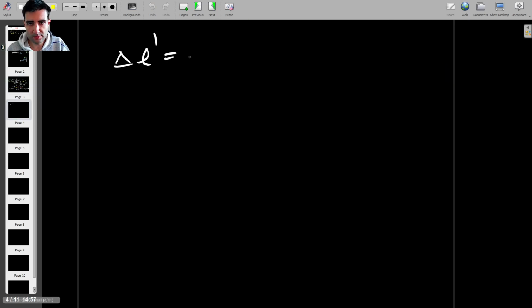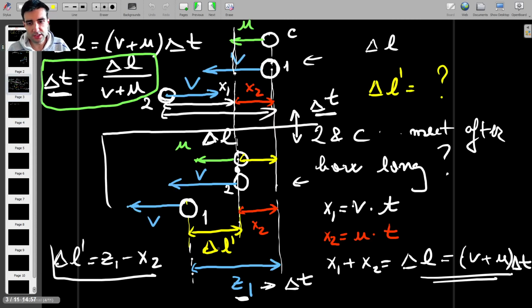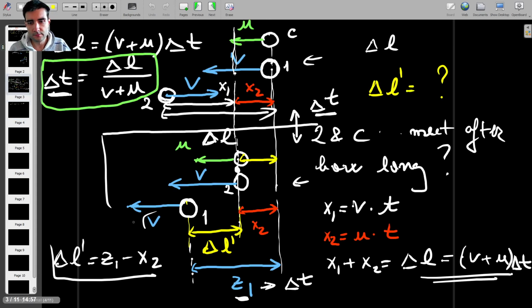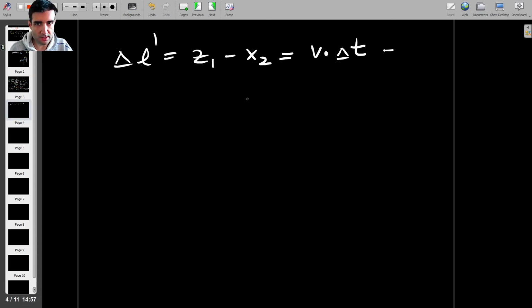Delta L prime is Z1 minus x2. Z1 is the velocity of the first athlete, which is of course v times delta t, minus x2, the distance run by the coach, which is u times delta t.